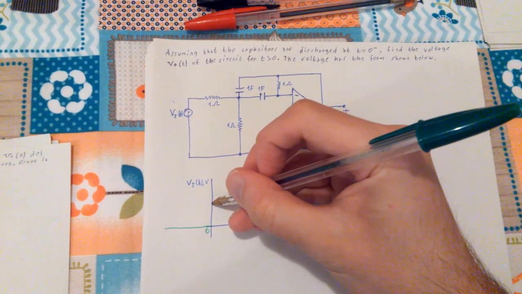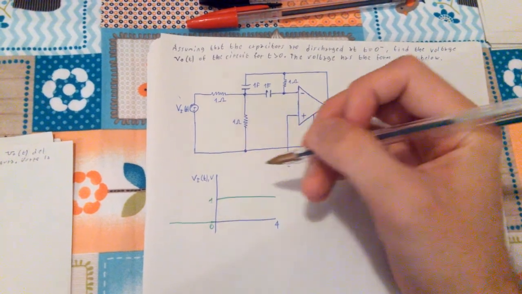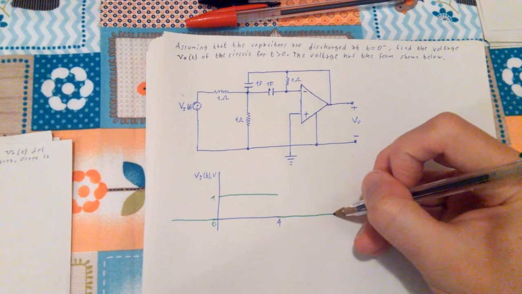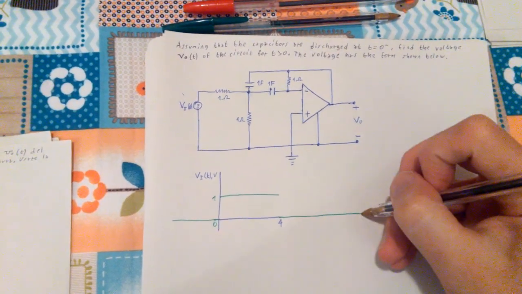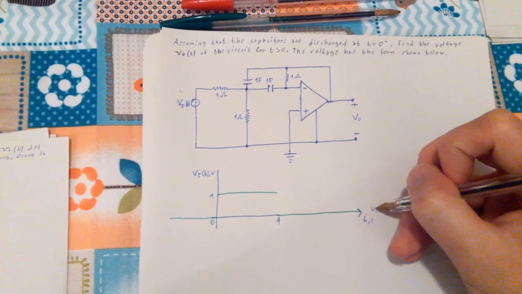It will be 1 till 4, and then it will be 0 again after 4. And this will be the t axis.